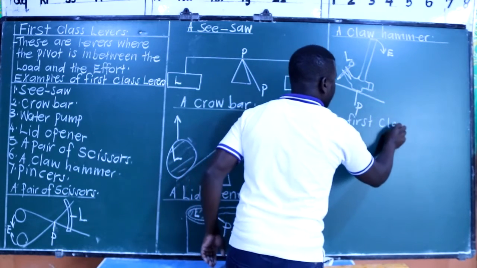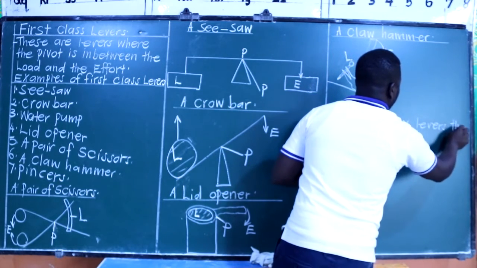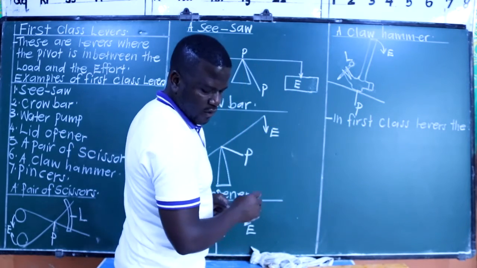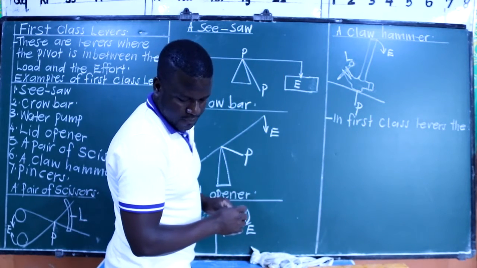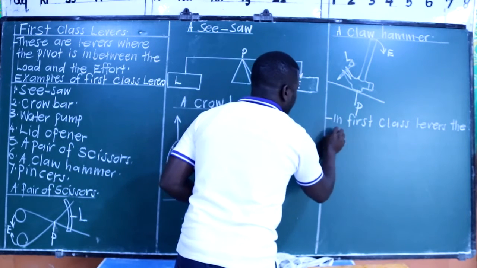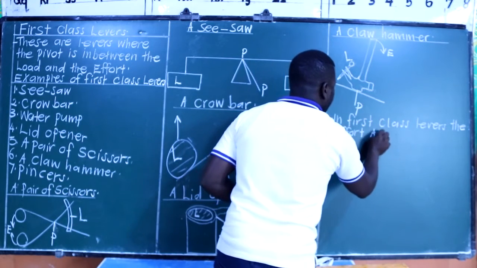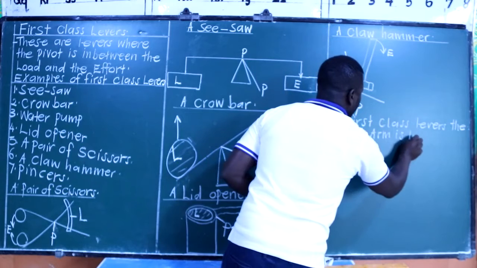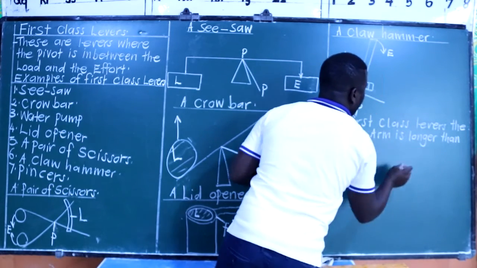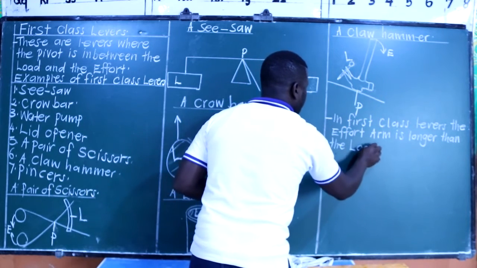In first class levers, the effort arm is longer than the load arm.